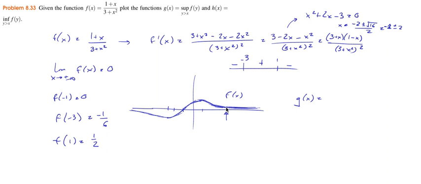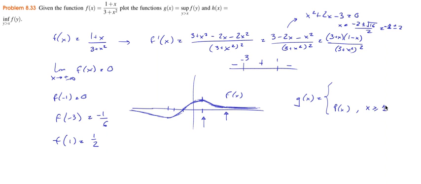So suppose you choose this point, g is the supremum of the set of all these values. So whenever f is decreasing, g is the value of f at that point.